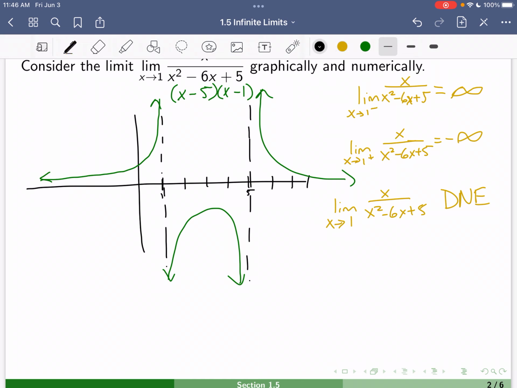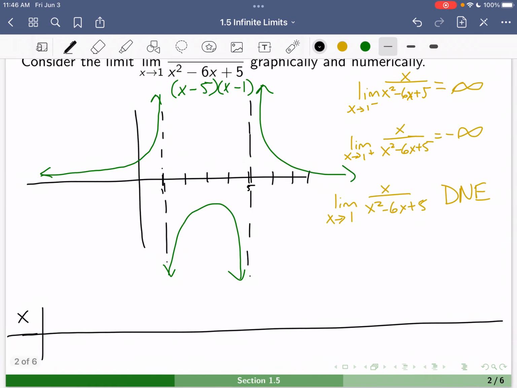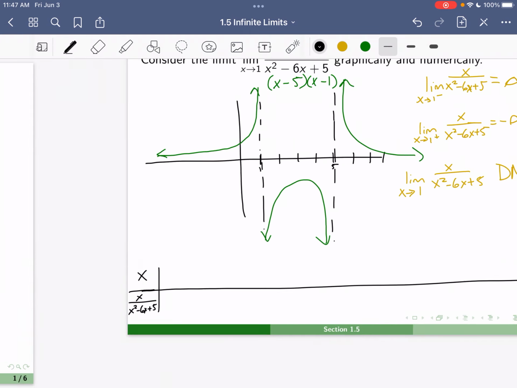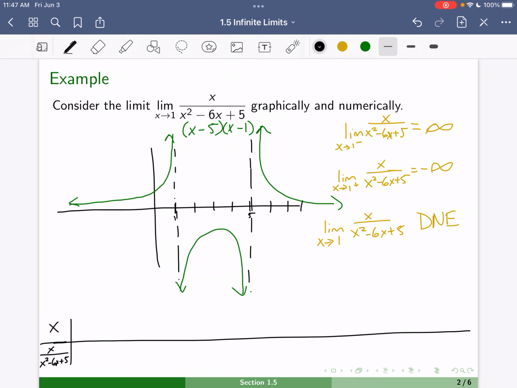Remember, when we say numerically, we mean we're going to create a table of values. So we'll have a table of values for x, and then for x over x squared minus 6x plus 5. And we're going to take values that are getting really, really close to 1.